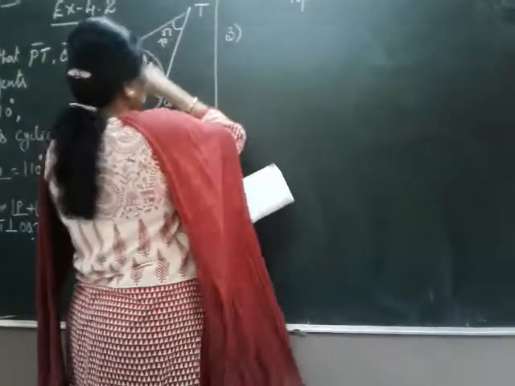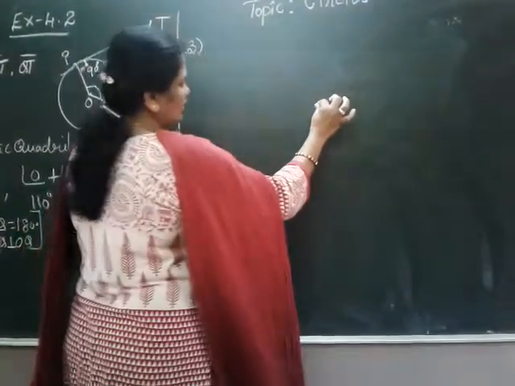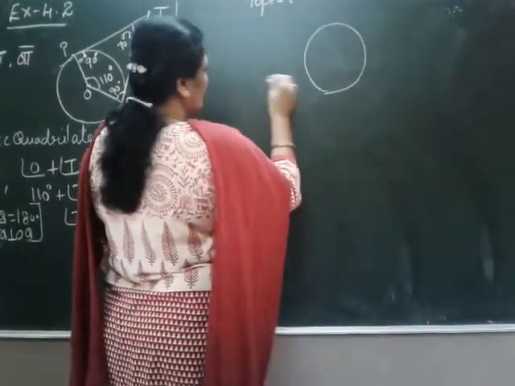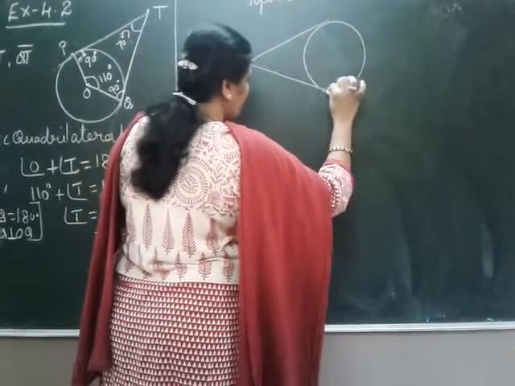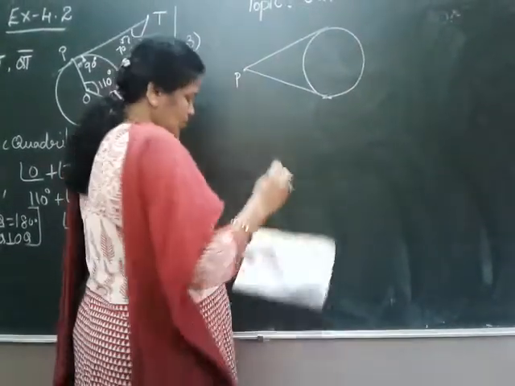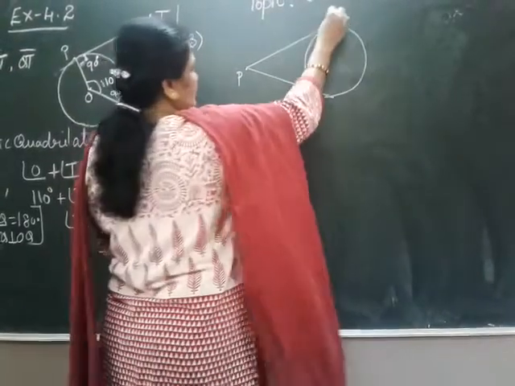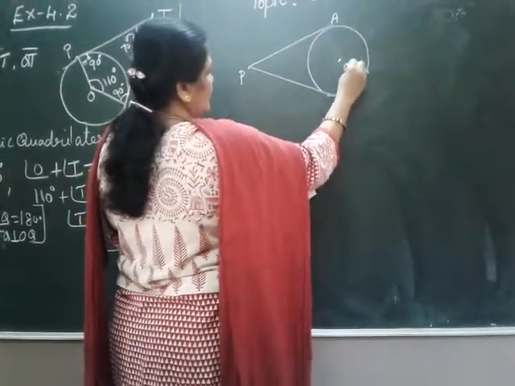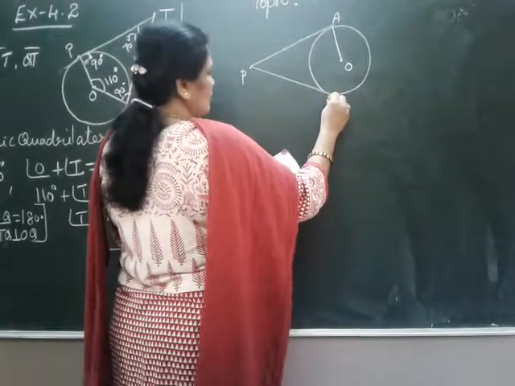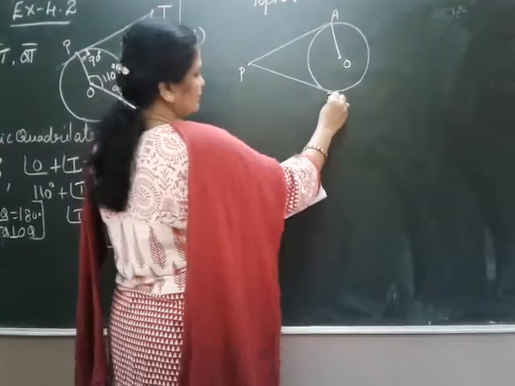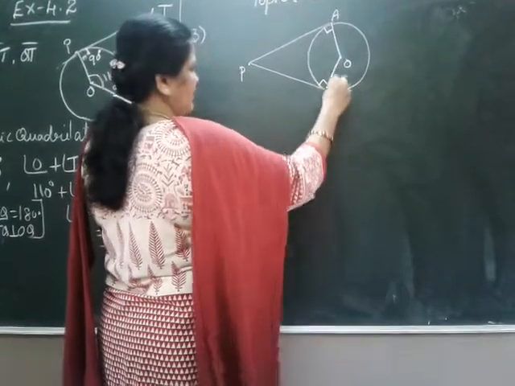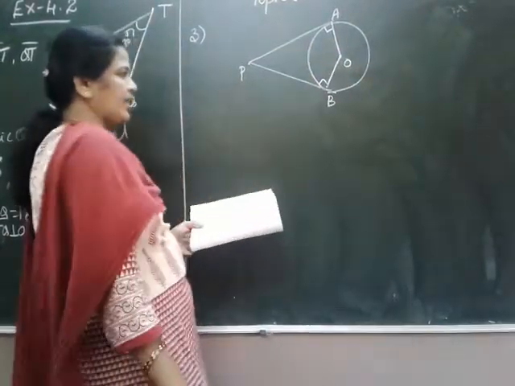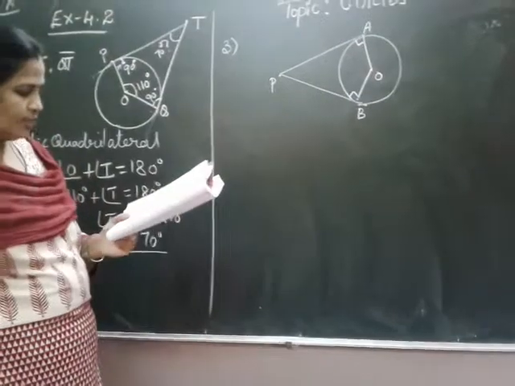This is the third question, exercise 4.2. Now the circle, the point outside, you take externally, these two tangents. P is given, this point is A, the center is O, this is B. This angle is compulsorily 90 degrees, because the radius always makes an angle of 90 degrees with the tangent, because it is perpendicular.